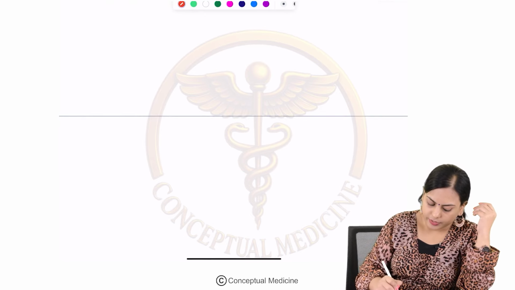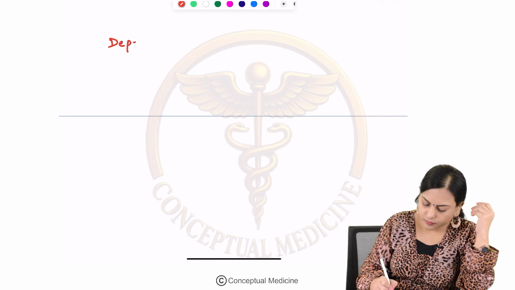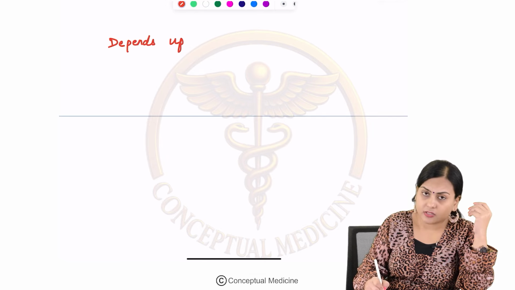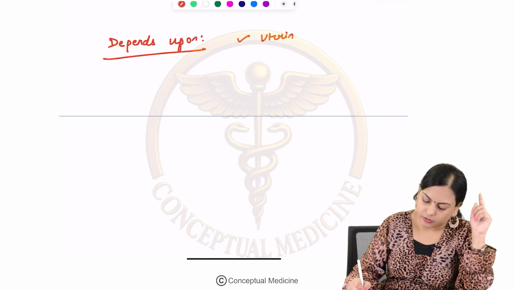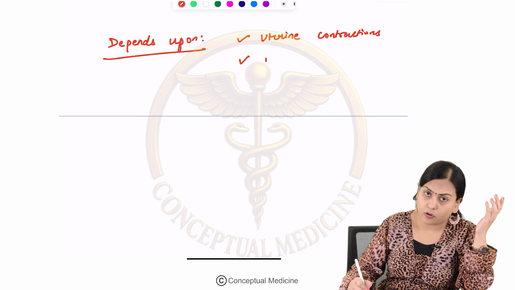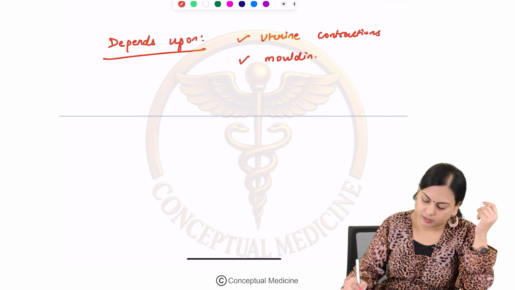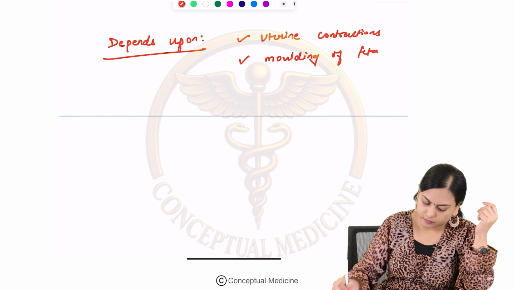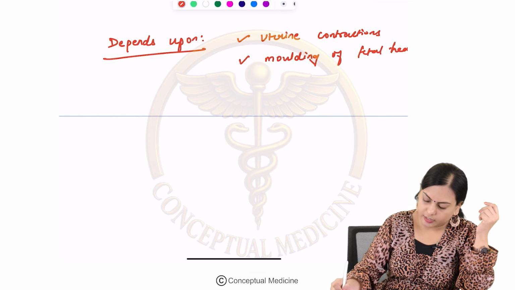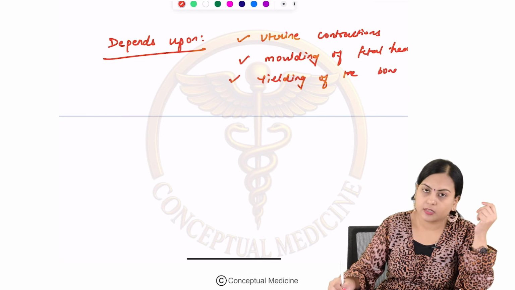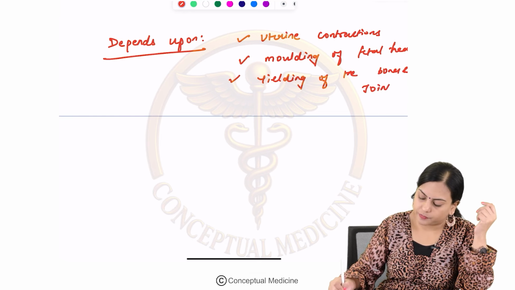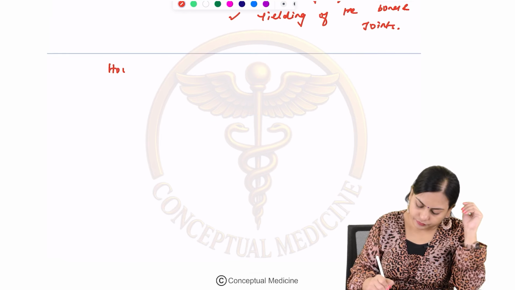And then we can say that this trial labor depends upon three factors again. It depends upon the uterine contractions, moulding of the fetal head, and yielding of the bones and joints.